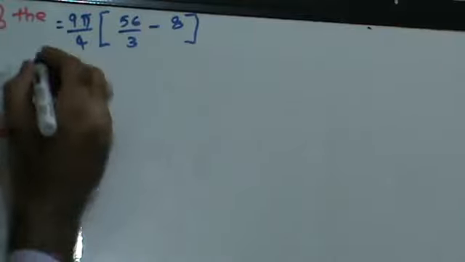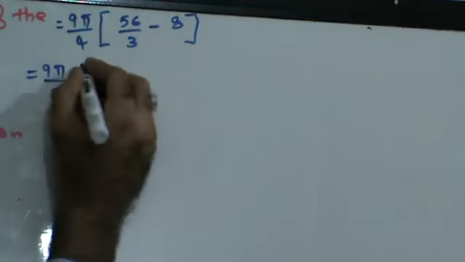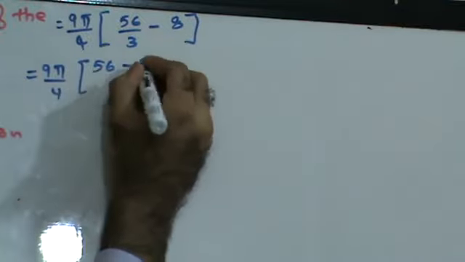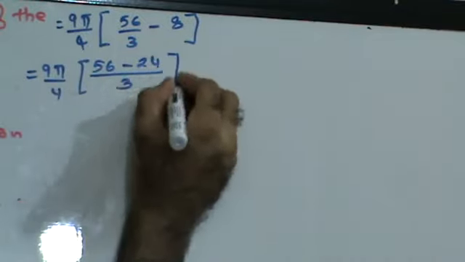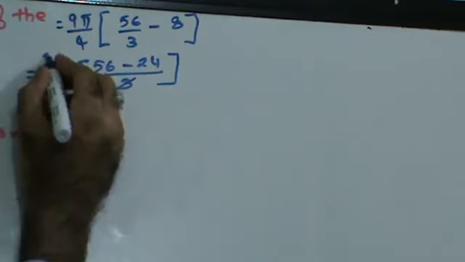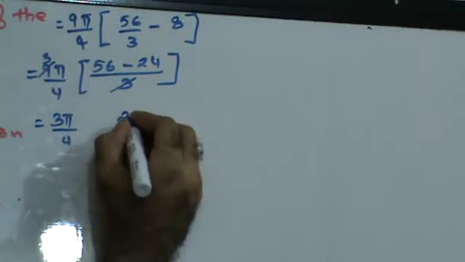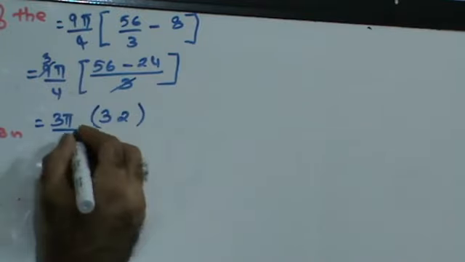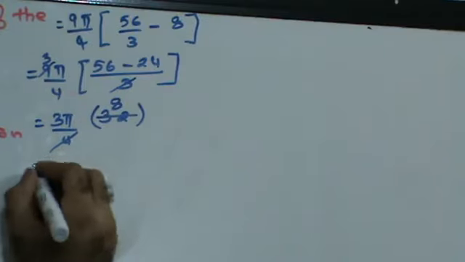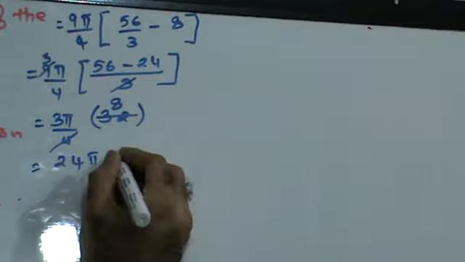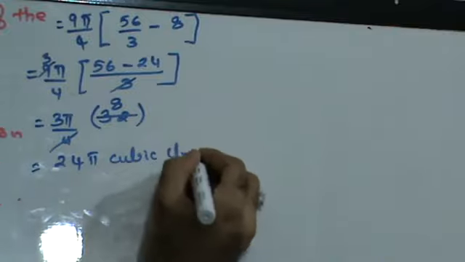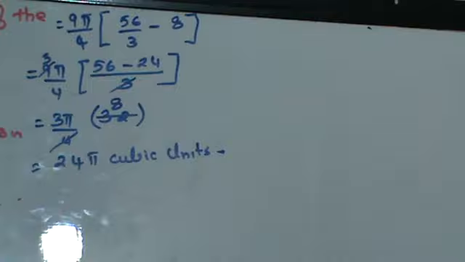So in that case, this is going to be 9 pi by 4, 56 minus 24 by 3, right? 3 ones are, 3 threes are. So this is going to be 3 pi by 4 times 32, right? 8s are. Answer is 24 pi cubic units. So the volume of the figure will be 24 pi cubic units.